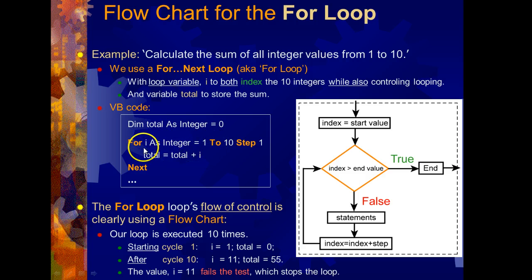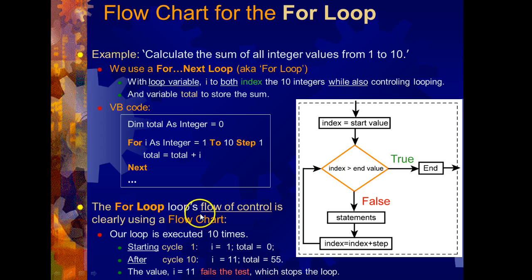So this I doesn't actually have to appear down here anywhere, and that's why he's saying we're using it to both index the integers that's here while also controlling the loop. This part is controlling the loop. Maybe we'll talk about that again later. And the variable total is to store the sum, right? Total starts out as 0, but finally at the end, total becomes 55.